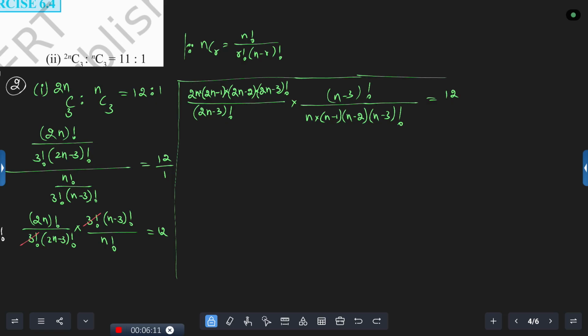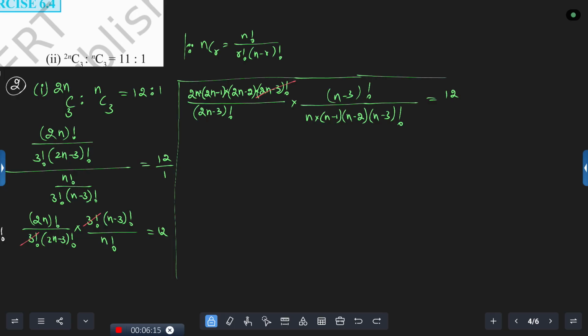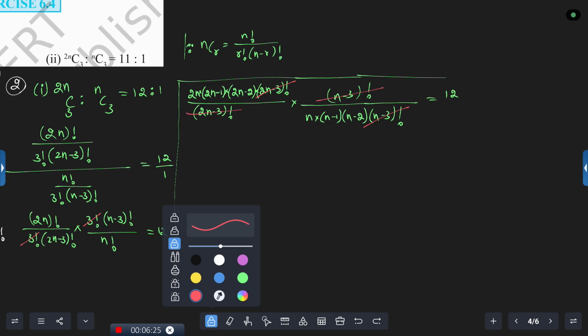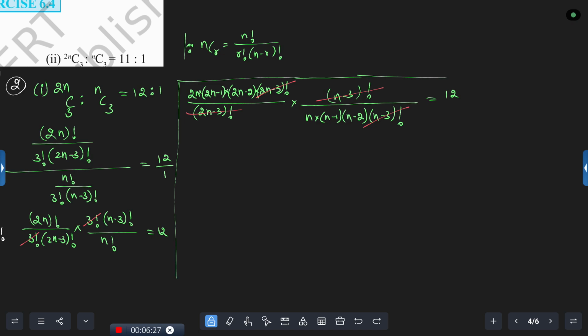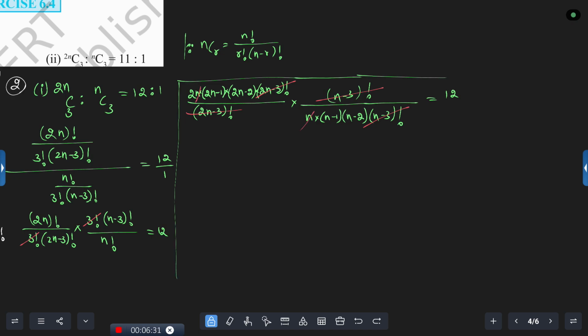So whatever is possible to cancel, you do it. 2n minus 3 factorial, 2n minus 3 factorial, n minus 3 factorial, n minus 3 factorial. Then what is next? Possible to simplify, you see. And one more thing we can cancel: this n, this n. The 2 is there, but n cancels.